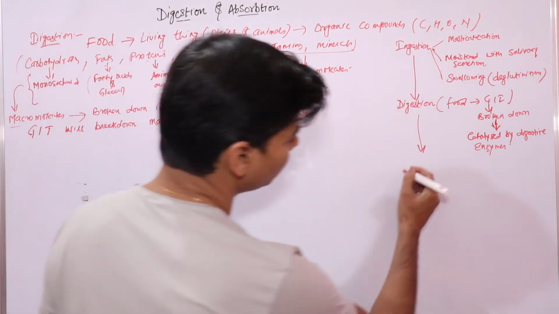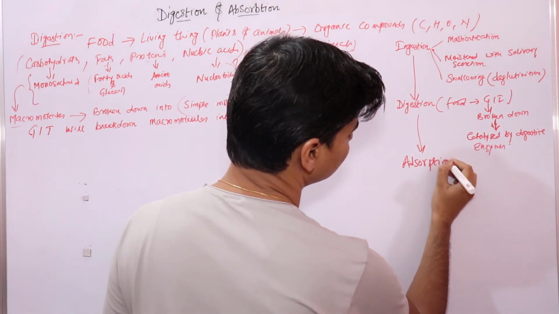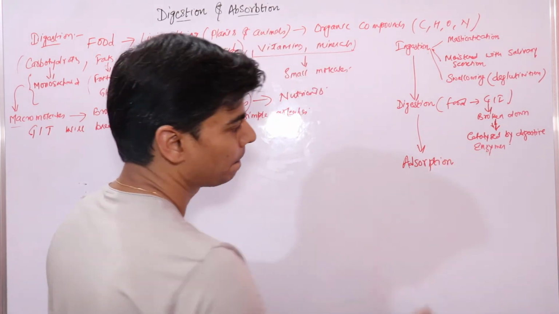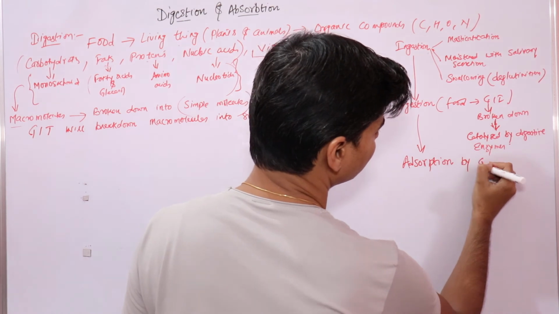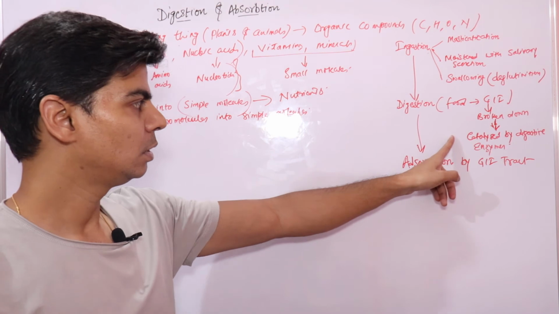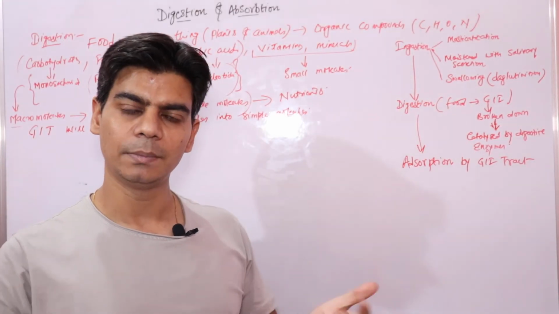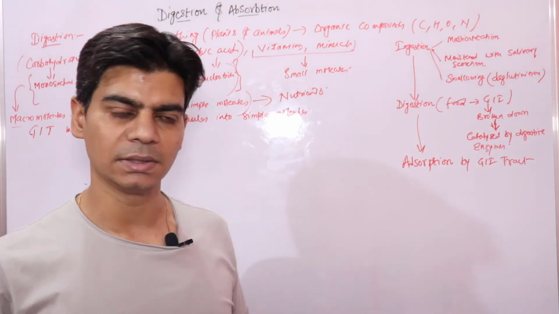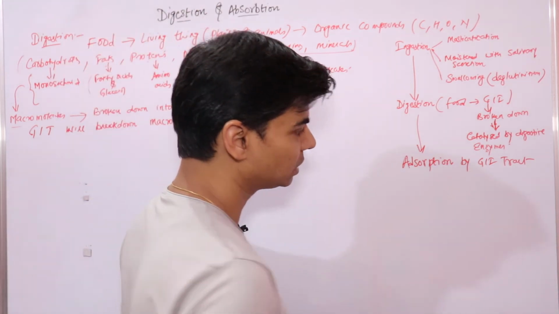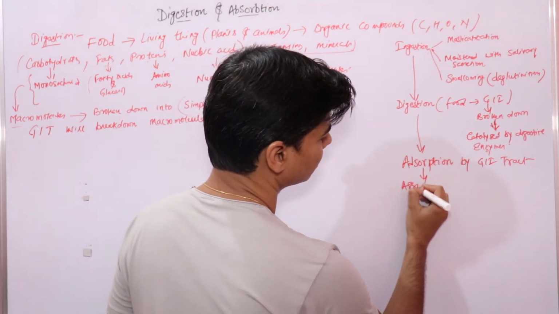Then it will undergo absorption by the GIT tract. Now after breakdown, the food is in a form that can be absorbed by our body cells. Once it's absorbed by our body cells, then it will undergo assimilation.